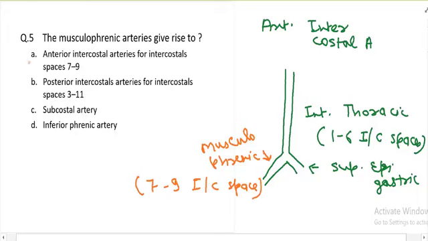So the answer will be anterior intercostal arteries for intercostal spaces 7 to 9. What about posterior intercostal arteries from space 3 to 11? These are coming from descending thoracic aorta.